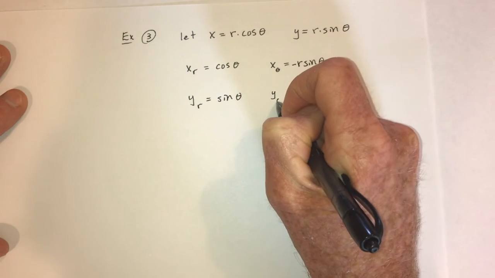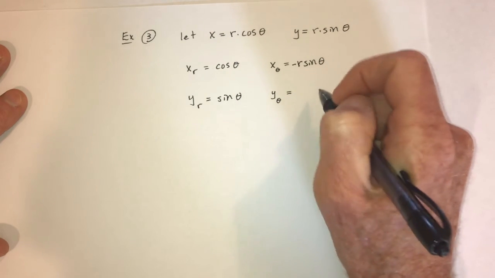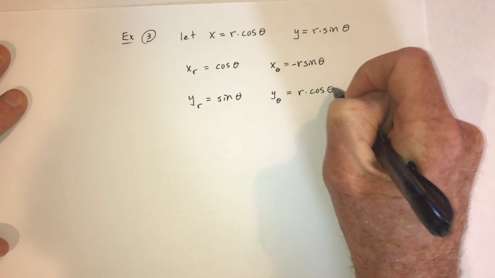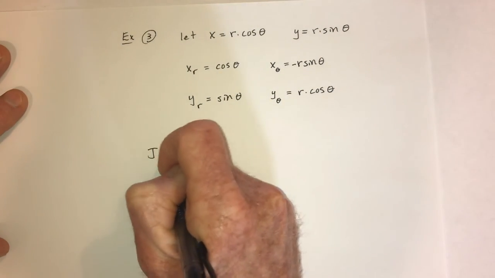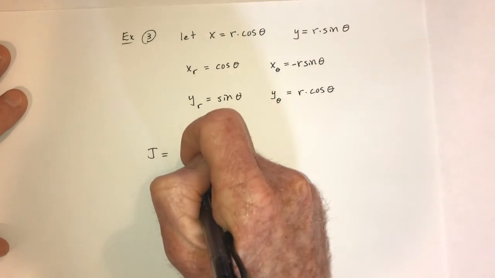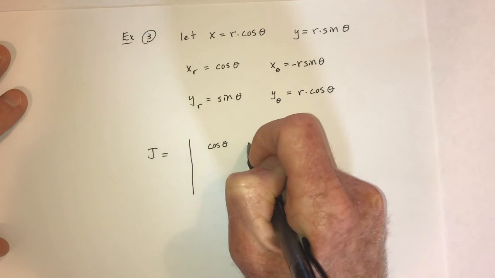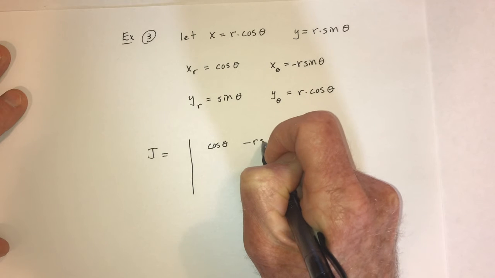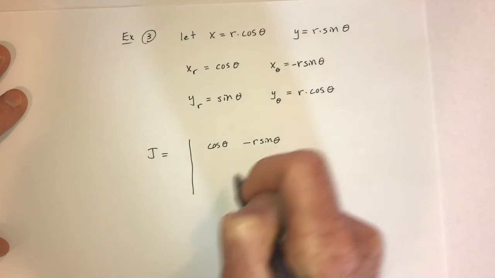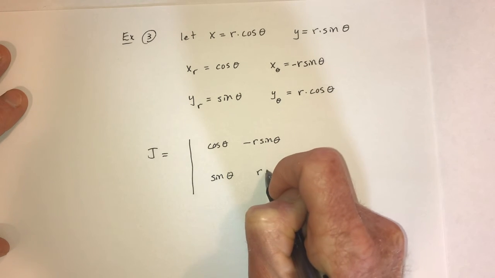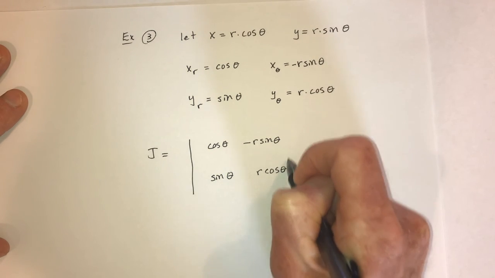And then take the derivative with respect to theta, and that's going to be r times cosine of theta. And then find the Jacobian. So make a 2 by 2 determinant of cosine theta, negative r sine theta, sine theta, and positive r cosine theta.